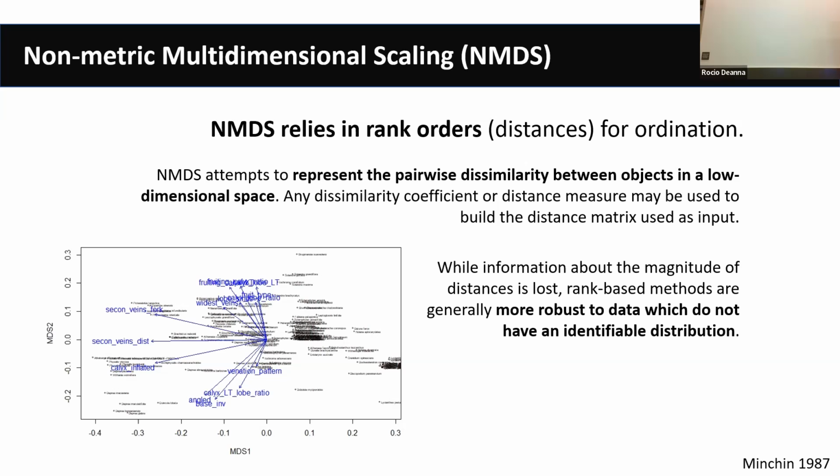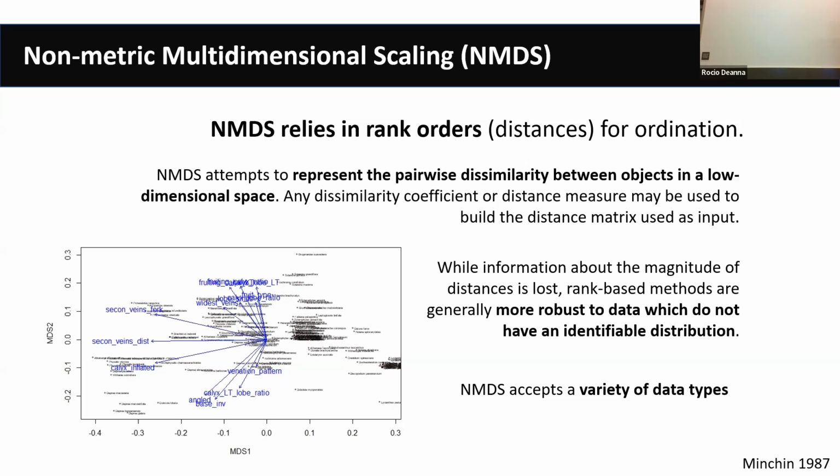So while the information about the magnitude of these distances is lost, these kinds of methodologies, the rank-based methods, are more robust to data that don't have an identifiable distribution. And because we choose the dissimilarity coefficient, these types of methodologies accept a variety of different types of information.